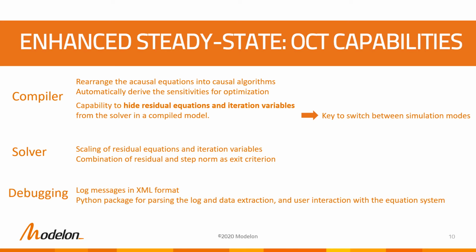Finally, in terms of debugging, the log messages are written in XML format. This enables automated post-processing. Optimica Compiler Toolkit provides dedicated Python packages for relevant tasks such as log or data parsing, as well as enabling user interaction with the equation system.